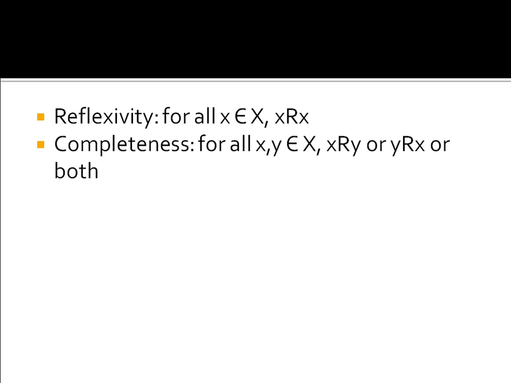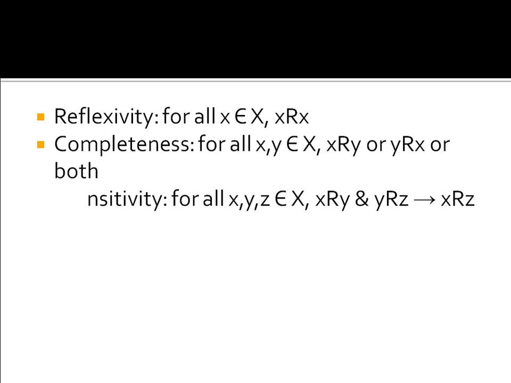If you are saying that you do not prefer X, it means that you prefer Y over X. If you are saying that you do not prefer Y, it means that you prefer X over Y. If you are saying that you prefer both, it means that you are indifferent. So that's what I've said: xRy or yRx or both.